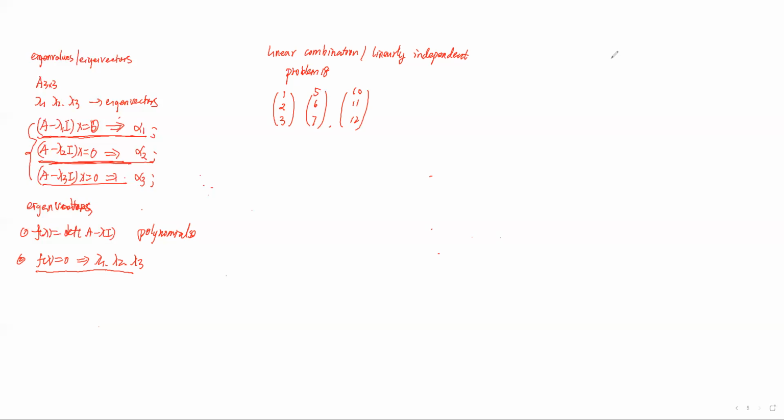So step one: we write this as V1, this is V2, this is V3. And then we write x1 times 1, 2, 3, plus x2 times 5, 6, 7, plus x3 times 10, 11, 12, and solve this equation.